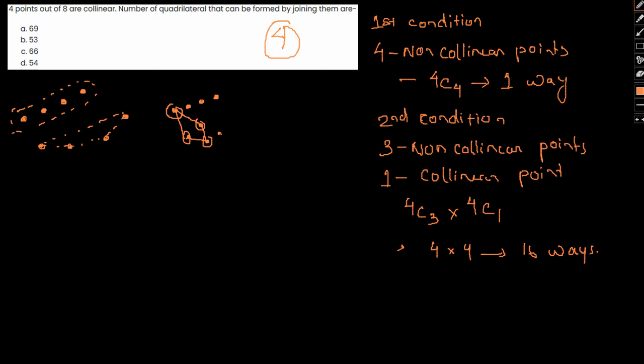Okay, and now let us talk about another condition. Say we have these 4 collinear points, and these 4 being my random non-collinear points. I'm going to choose 2 collinear points and 2 non-collinear points, and if I join the same, we have another quadrilateral this way as well.